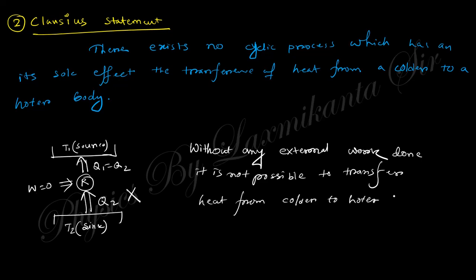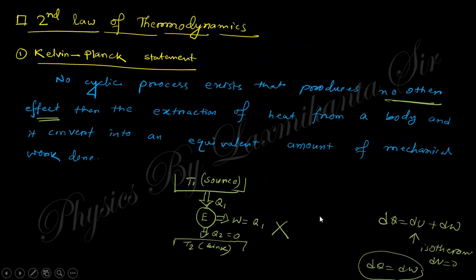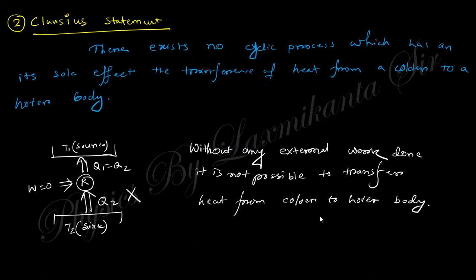I think it is clear about the Clausius statement. These two statements are accepted for the second law of thermodynamics. The Kelvin-Planck statement is about the engine, and the Clausius statement is about the refrigerator.